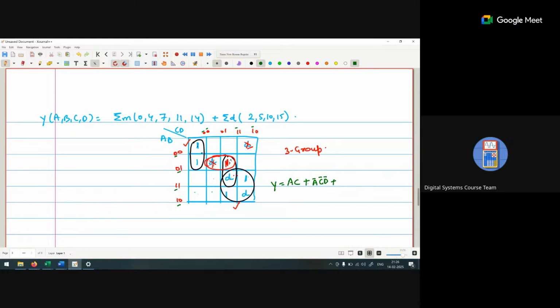And for this horizontal group, a is constant, that is A bar, b is constant, that is 1, and d is constant, that is also 1. Or if I do not consider this one and consider this one, then b is constant 1, c is constant 1, and d is constant 1. So you can use any of the terms, but only one term. So three product terms are available.